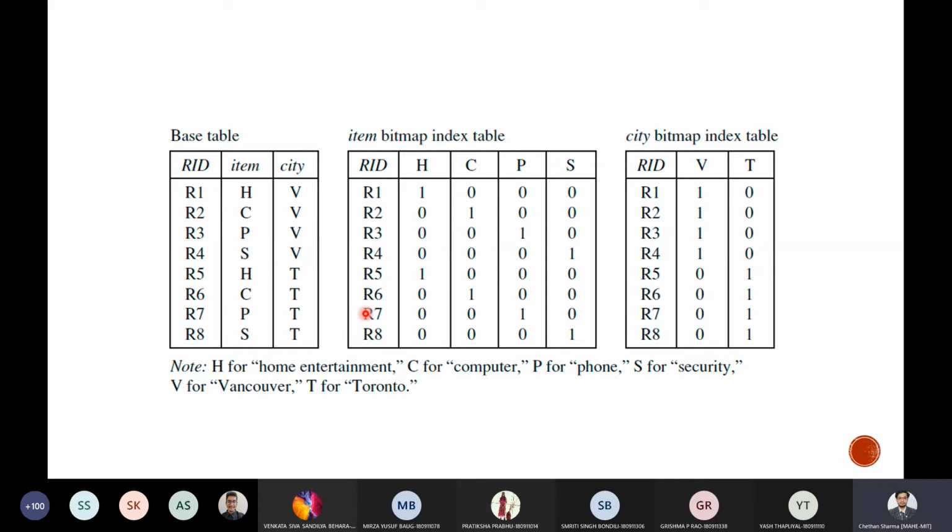Here each value, for example computer, is represented by a bit vector in this bitmap table.